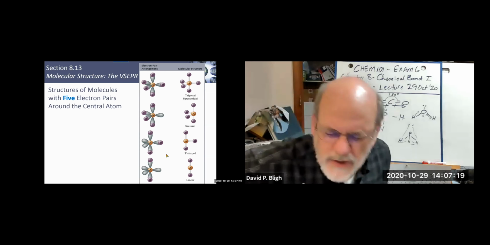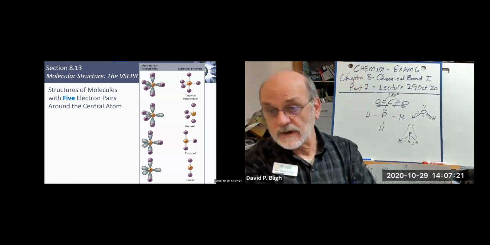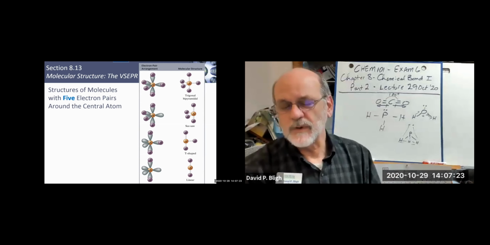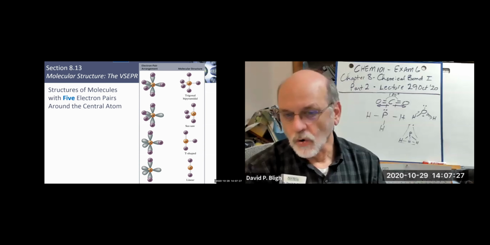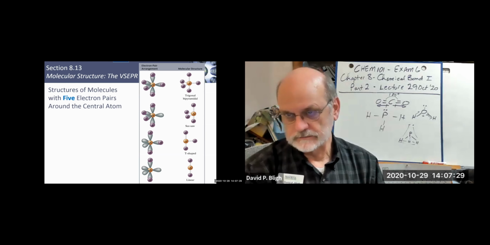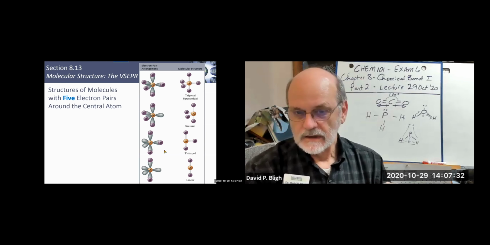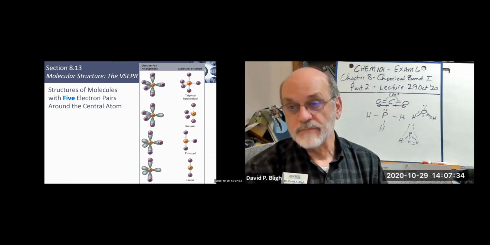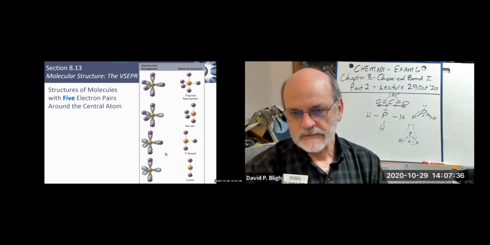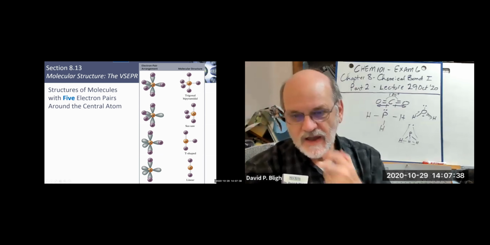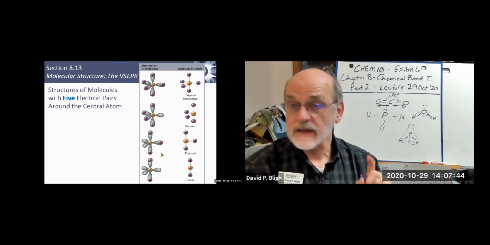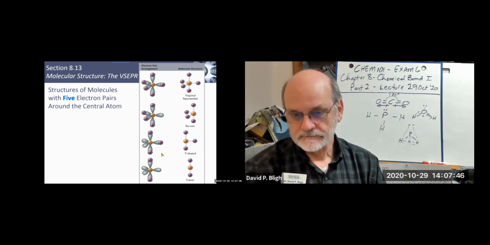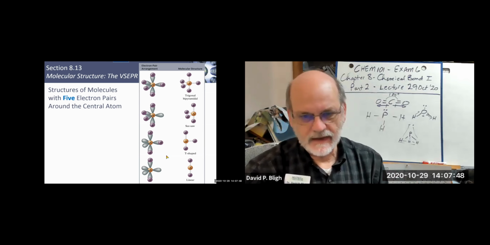Well, the only way to answer that question is with experimental data. The experimental data will tell you whether or not you have a T-shape or a trigonal planar. And I think you have examples of both. It may also depend on the size of the atoms, right? Because they're going to take up space too. And I'll just leave it at that.